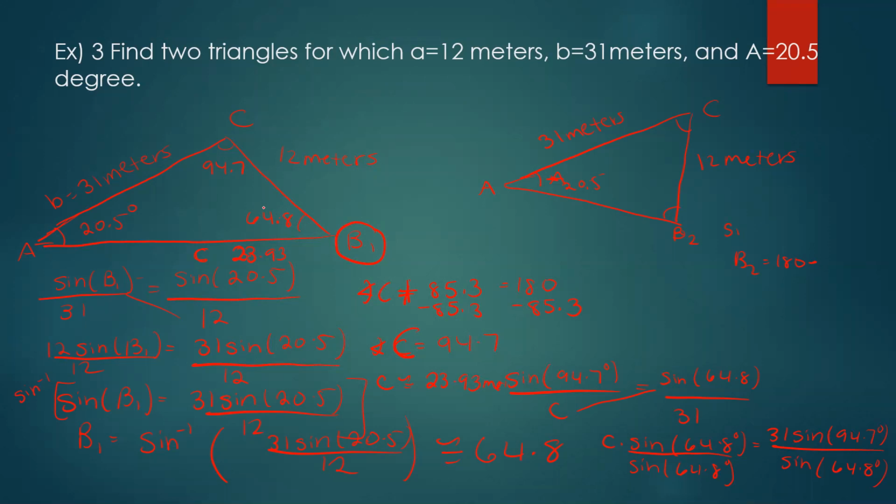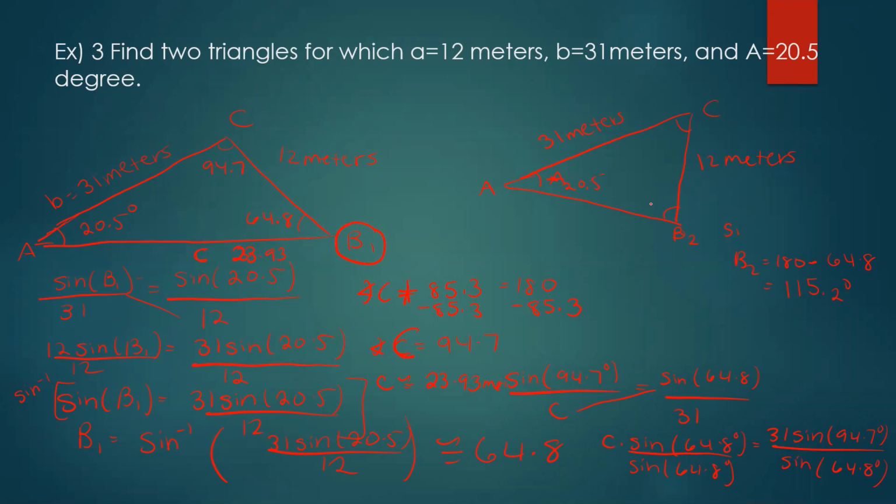Because you have two angles. So you subtract 64.8, and that would give you 115.2 degrees.